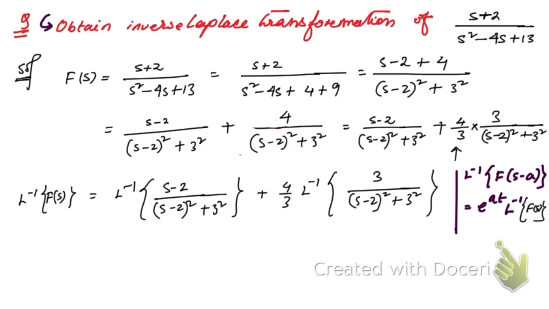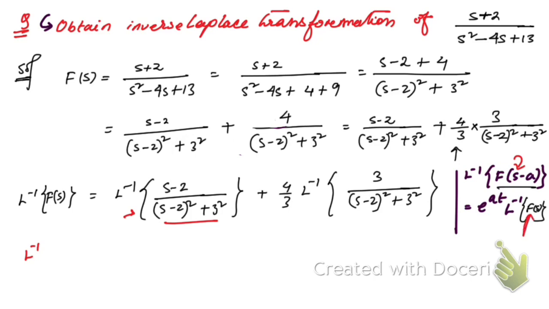So now compare this one with this one and this one, right? So here the inverse Laplace transformation of F of s minus 1 is this one, right? So what's going to be F of s?